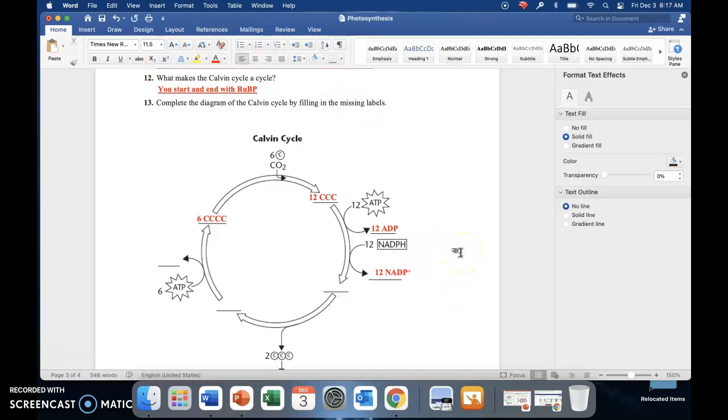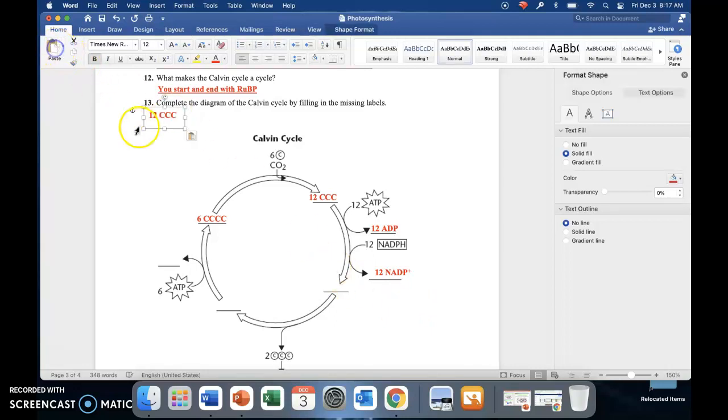Now that energy is used to convert phosphoglycerate into a substance known as G3P.